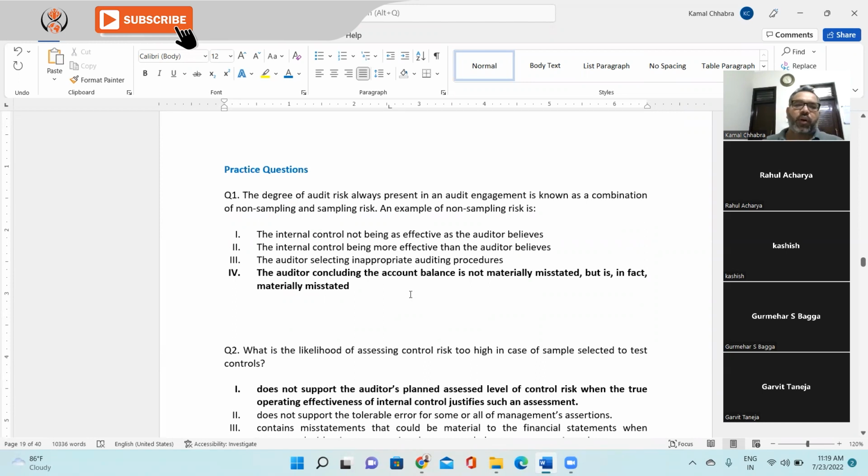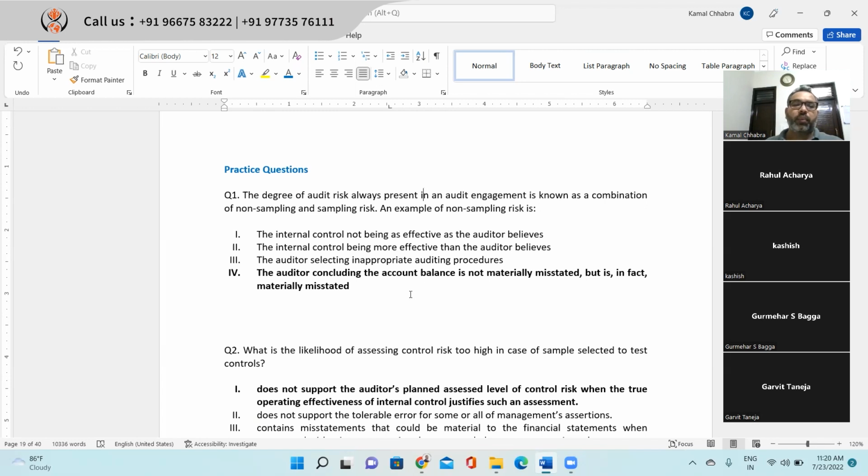The degree of audit risk always represented in an audit engagement is known as a combination of non-sampling and sampling risk. An example of non-sampling risk is what? Which one out of these four options is a non-sampling risk? The internal controls not being as effective as the auditor believes.